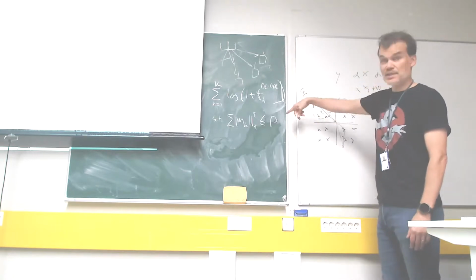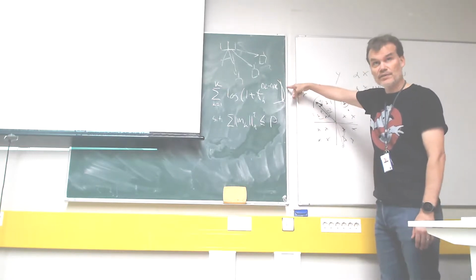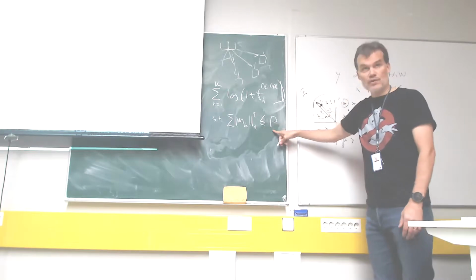This would be the optimization problem: maximize the downlink rate subject to power constraints.